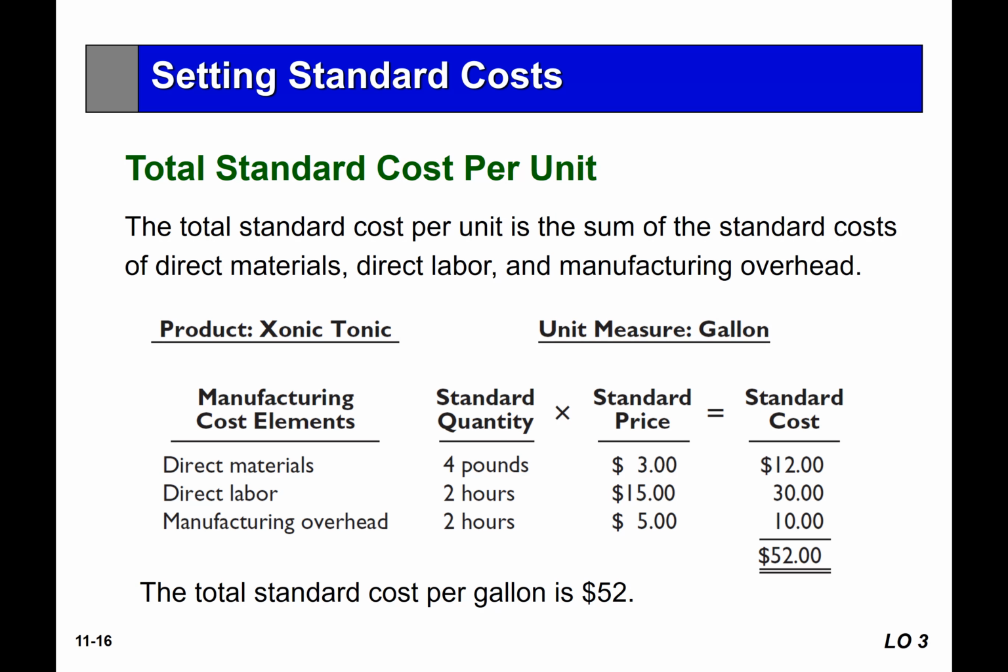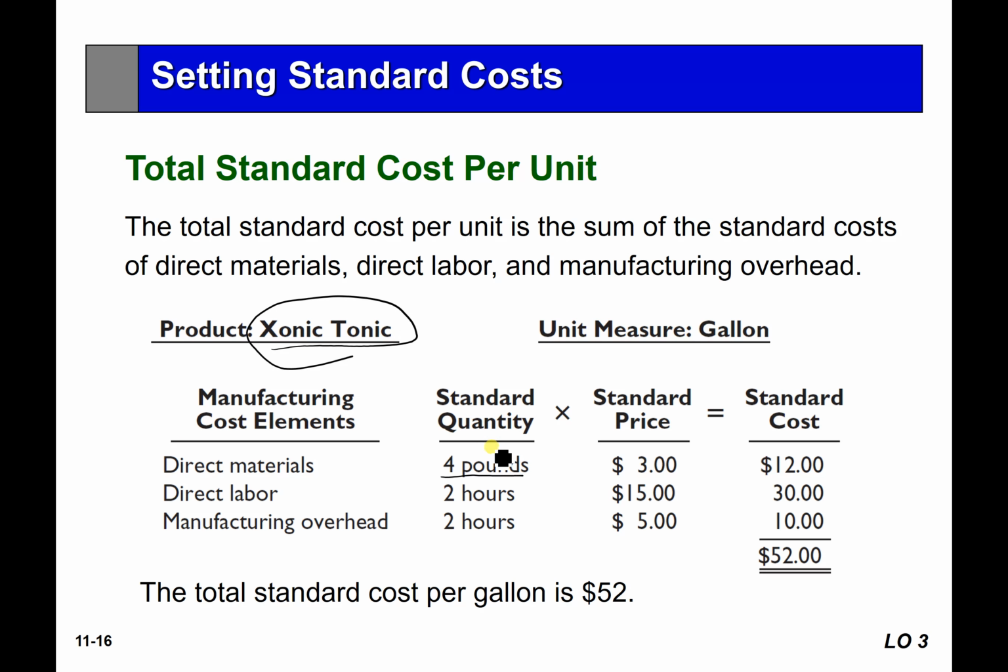Okay, so remember, we have some idea of standard costs, and we'll provide you that information. For a product which is X tonic, your unit measure is 1 gallon. So 1 gallon of X tonic requires a direct material of 4 pounds.